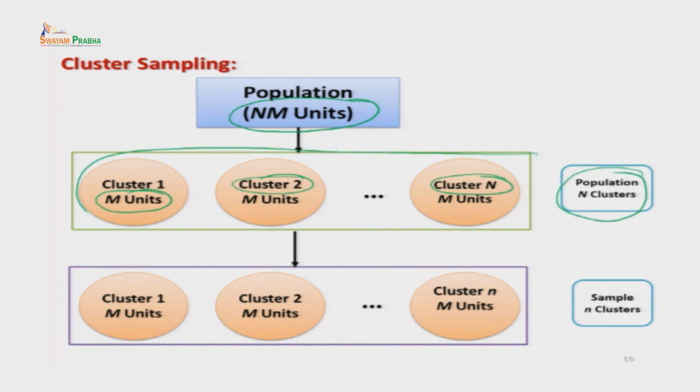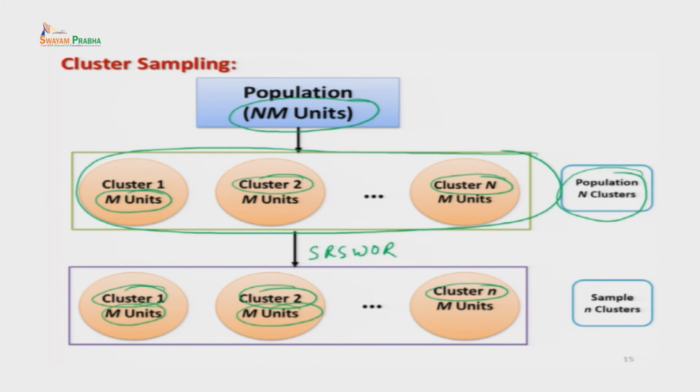Now, from here we try to draw a sample by, say, SRSWOR. So we choose a small n number of clusters from this population. Now we have cluster 1, cluster 2, up to cluster number small n, and every cluster is of size capital M units. Right, so this is my sample of small n clusters.